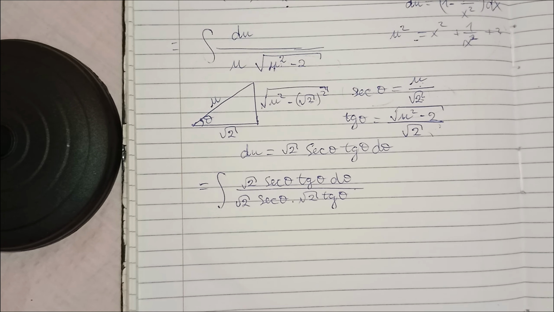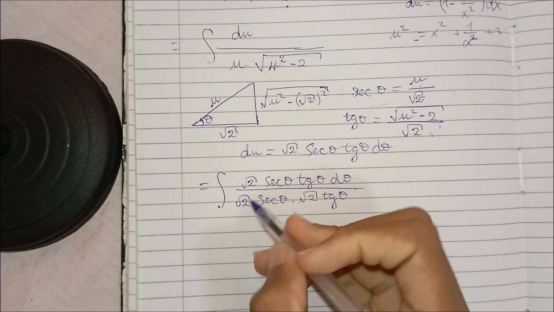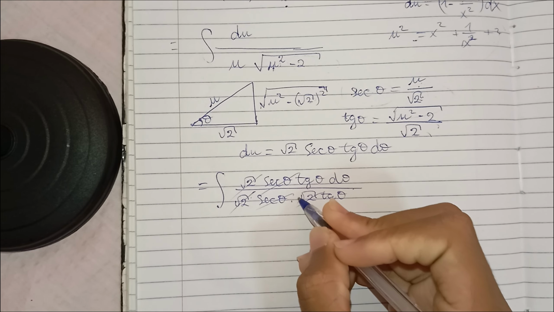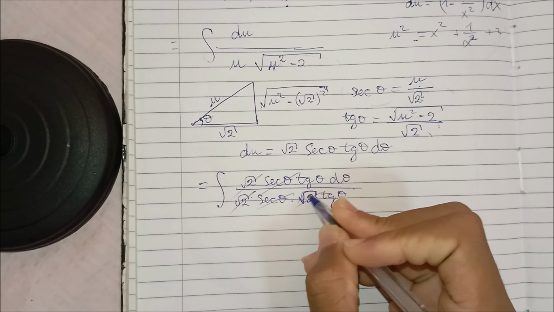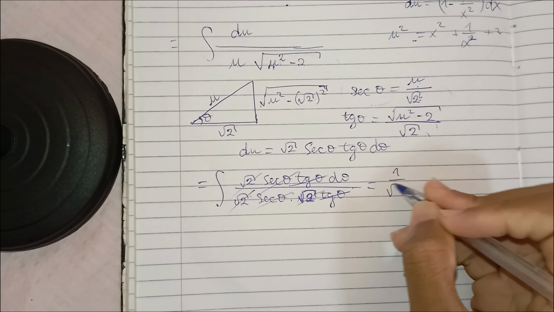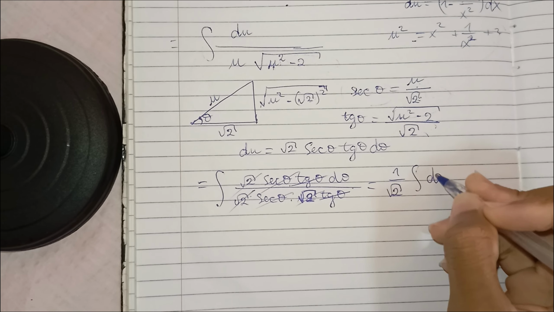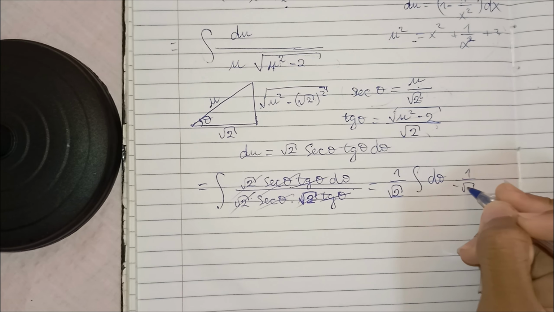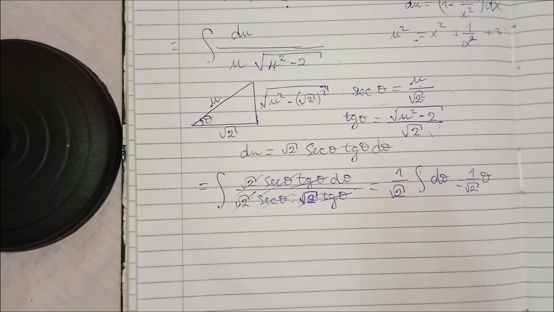Now I can do something that you really like. Sorry for that. So what do we get here? We get 1 over square root of 2, d theta. Good. So yeah, we get theta, right? I won't put plus C here right now because the original integral is in terms of x, not of theta, so I won't put it right now.